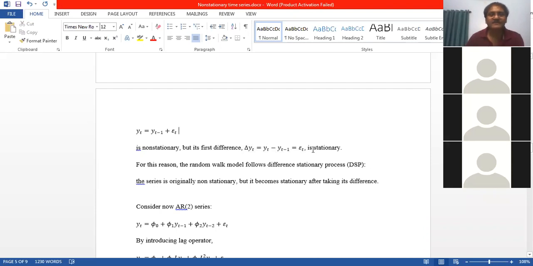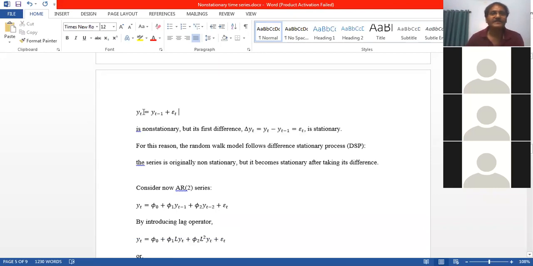So we can interpret this model in this way: if yt follows random walk, yt is originally non-stationary, but after taking first difference, yt becomes stationary. For this reason, this type of process is called difference stationary process, DSP.